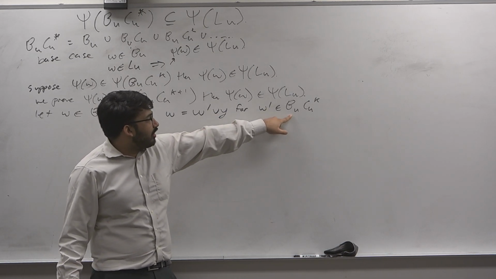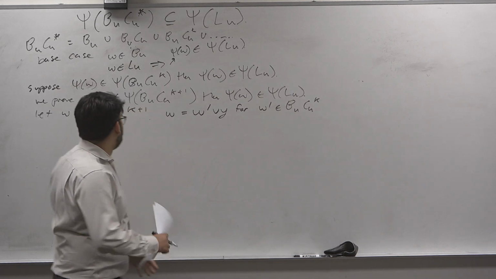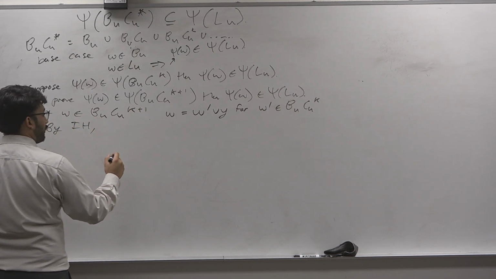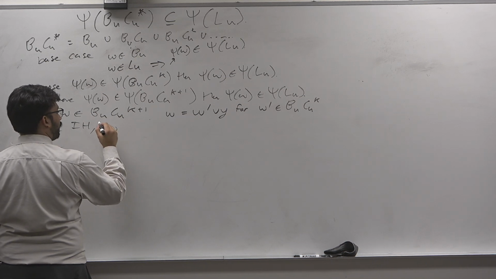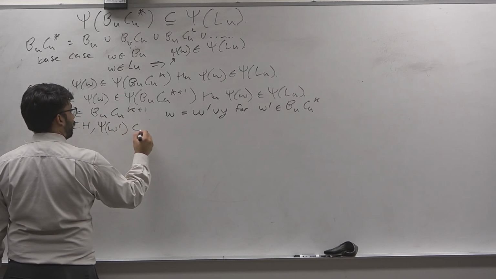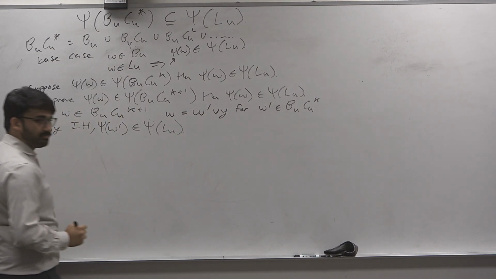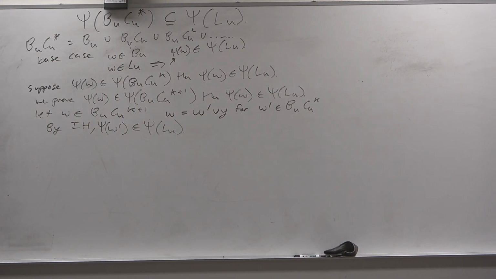But if W prime is in BU CU to the K, by the induction hypothesis, what do we know about W prime? The frequency of W prime is in fact an element of the frequency of LU, right? We don't know that W prime is in LU, but we know that the frequency of W prime is in the frequency of LU.